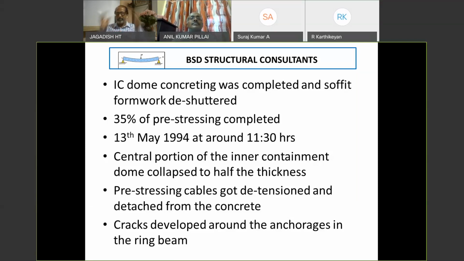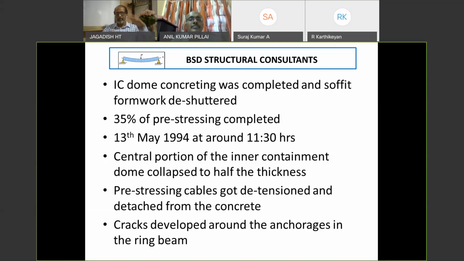Because the pre-stress loss, the detensioning, happened in such a sudden manner, cracks developed around the anchorages in the ring beam on either side. But of course, when we investigated, these cracks were not very major, they were quite minor. Still, some repair work was done there also. Now, just before I go to the next slide, I just want to tell something.